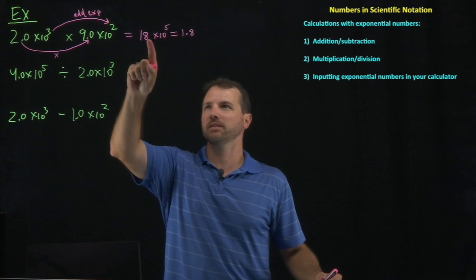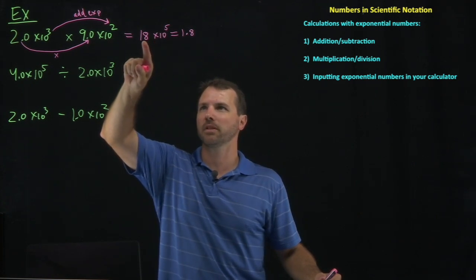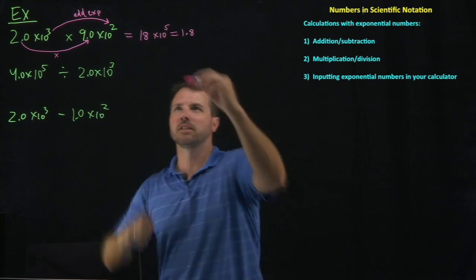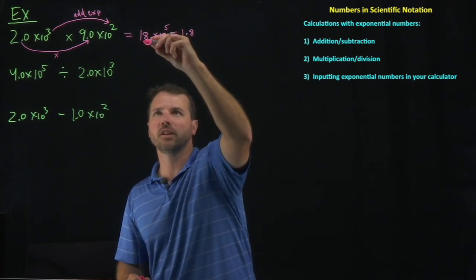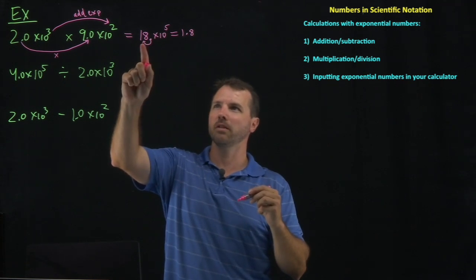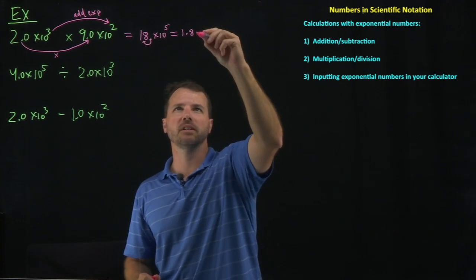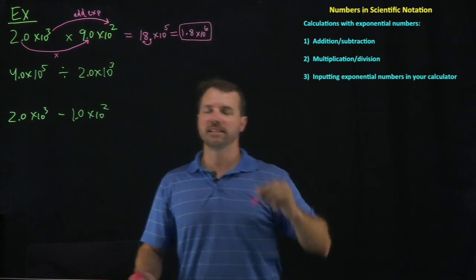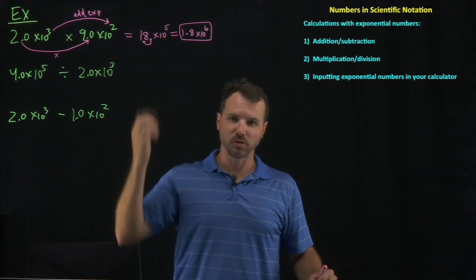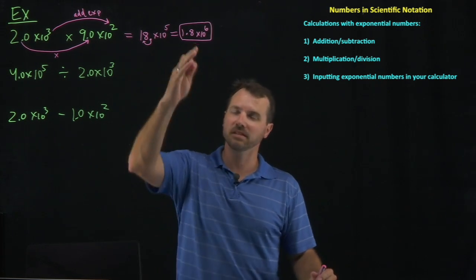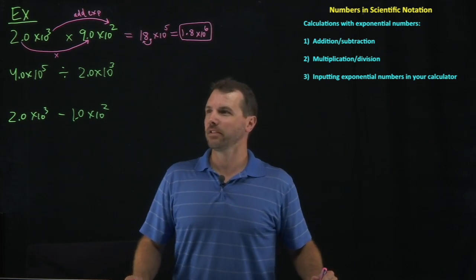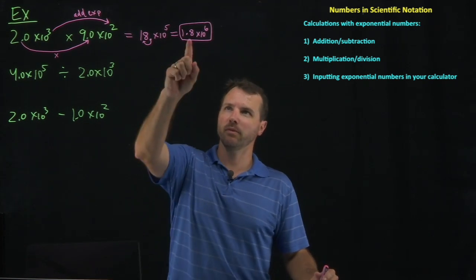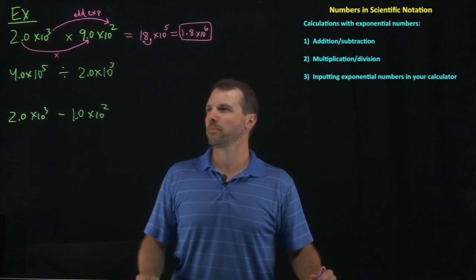We moved the decimal so that the number became smaller, so the exponent becomes bigger. So 18 times 10 to the 5th is equivalent to 1.8 times 10 to the 6th. This is the way you would want to show that answer on your quiz or your test, because you always want to have one number before the decimal.